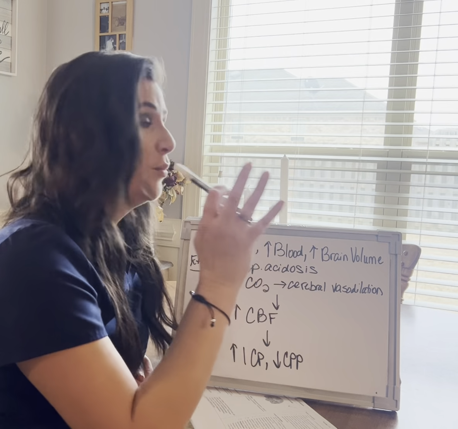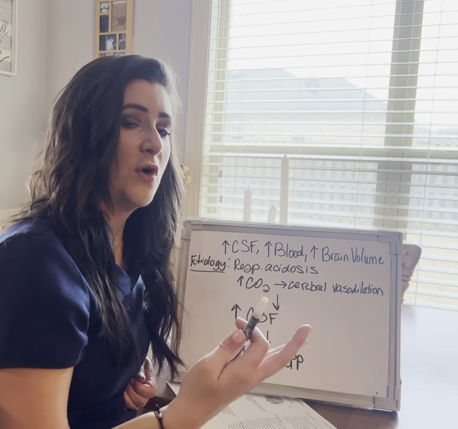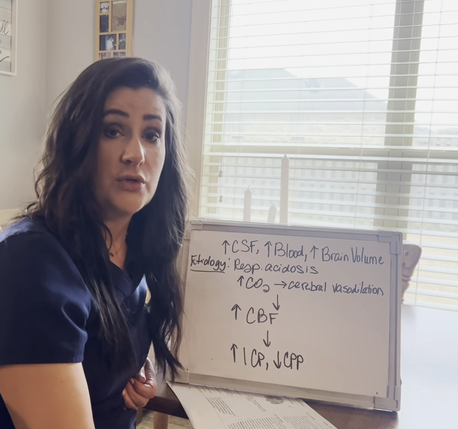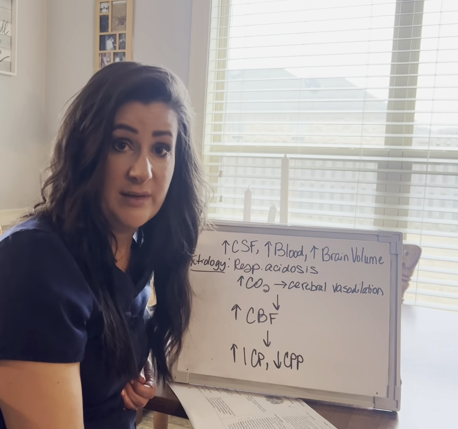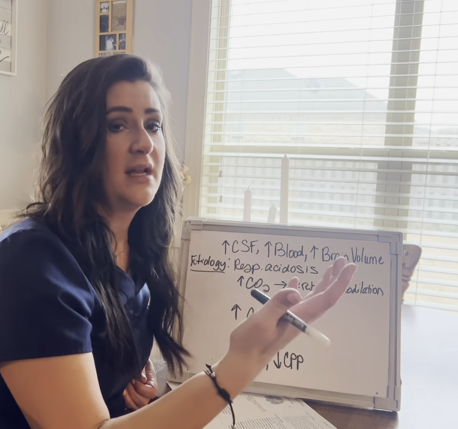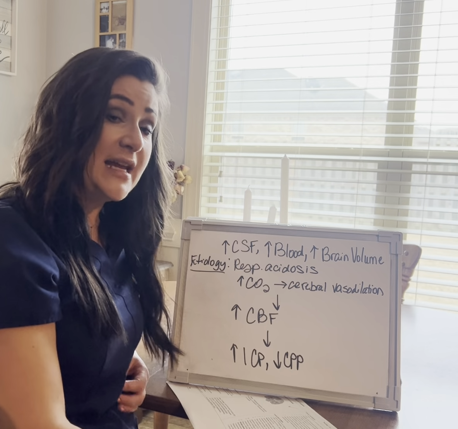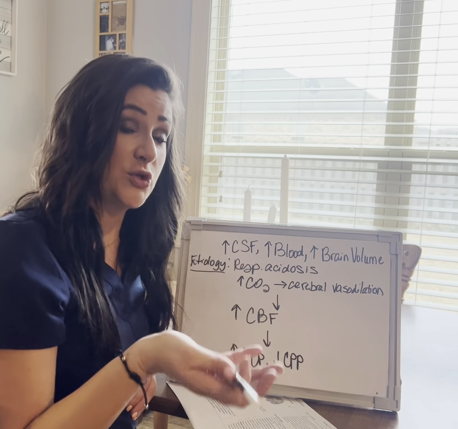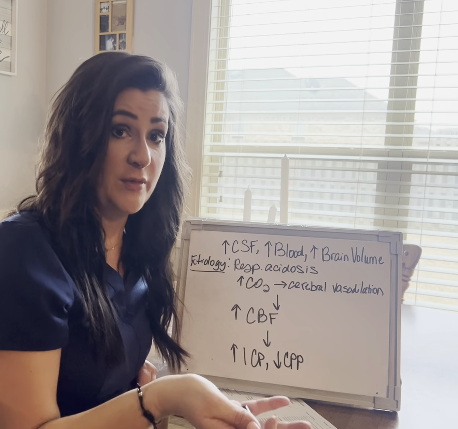But then finally, brain volume. So that's referring to cerebral edema. So ischemic strokes cause cerebral edema. Actually, 80% of the signs and symptoms that you see in patients with ischemic strokes comes from cerebral edema.